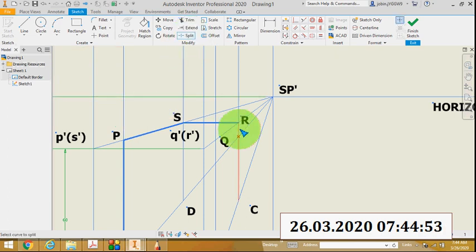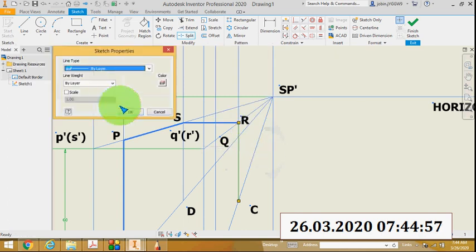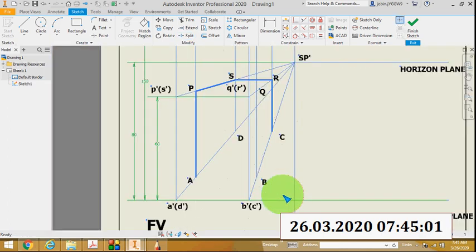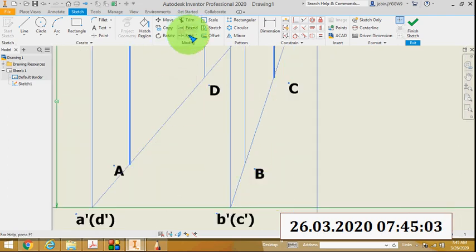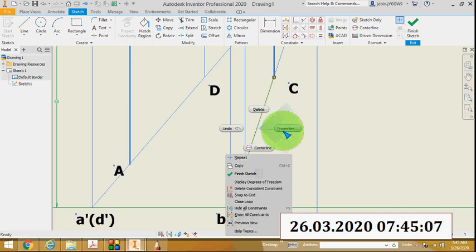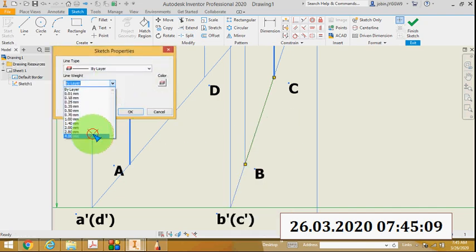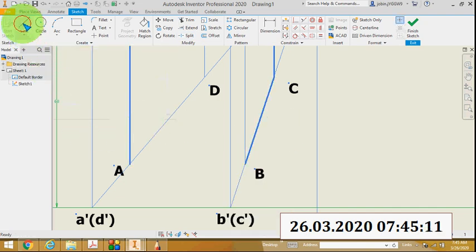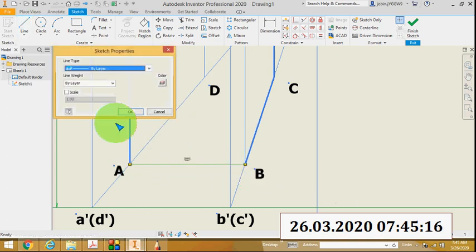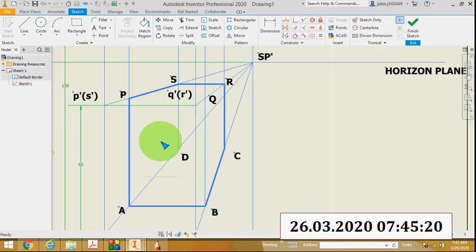Then R to C, then C to B, then B to A. So now the outer points are completed.